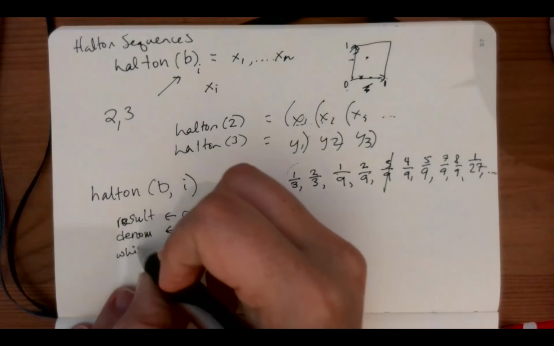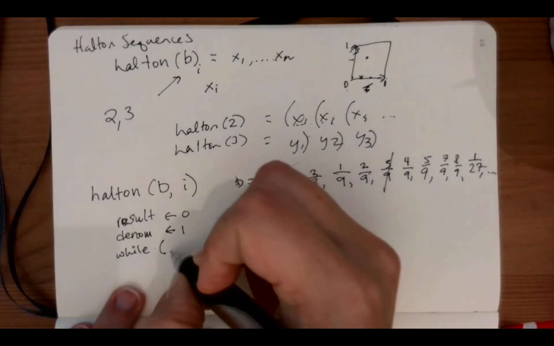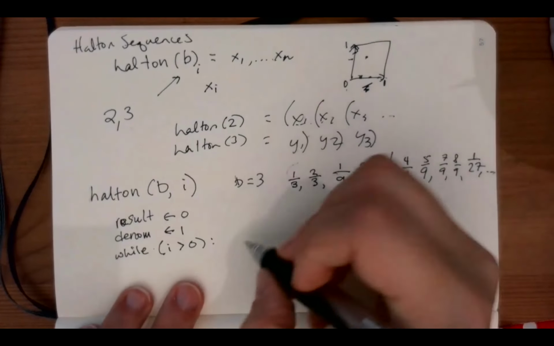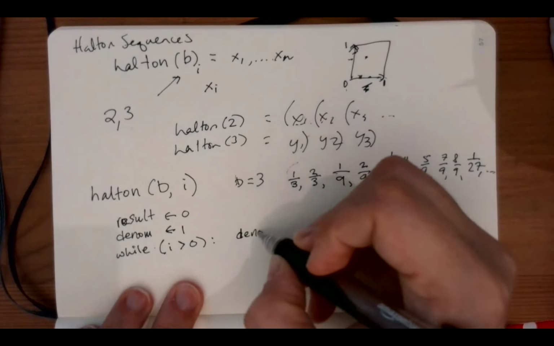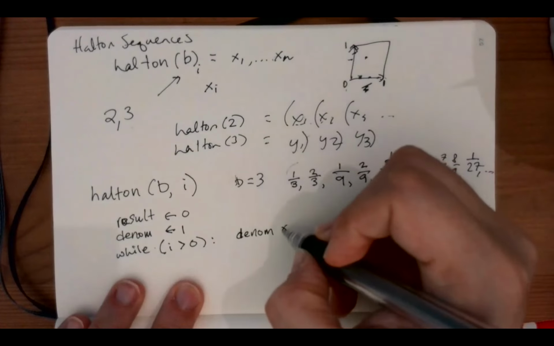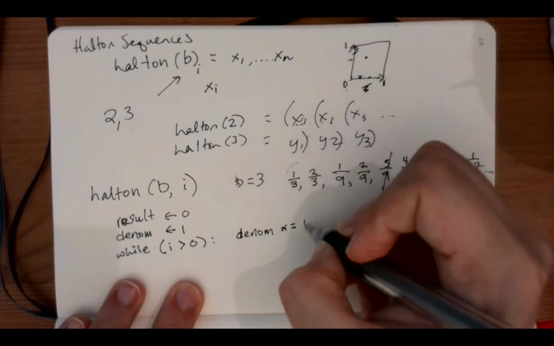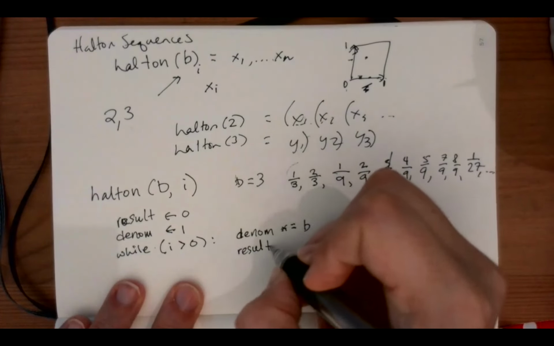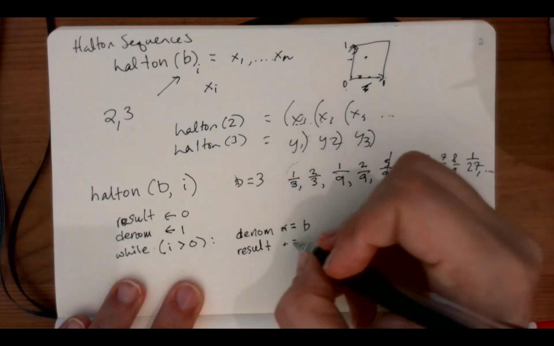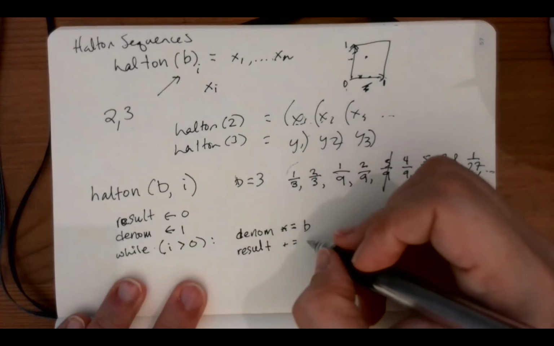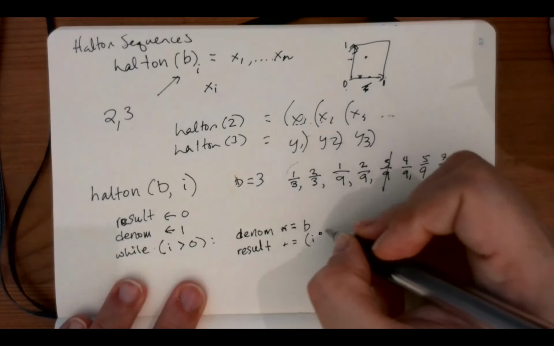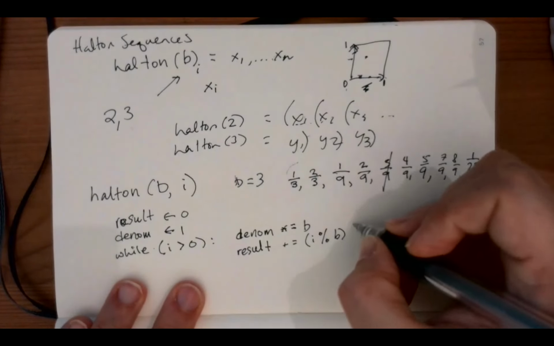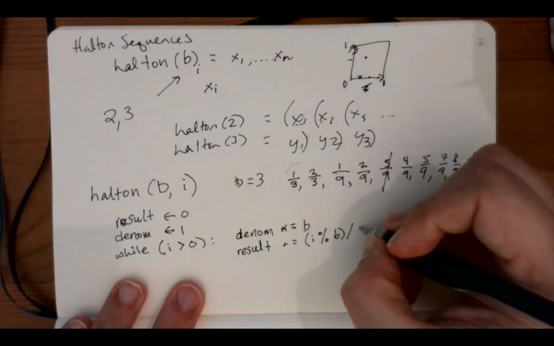Then while the index i is greater than 0, we multiply the denominator by the base value, and add something to our result, which is the index mod the base, divided by the denominator.